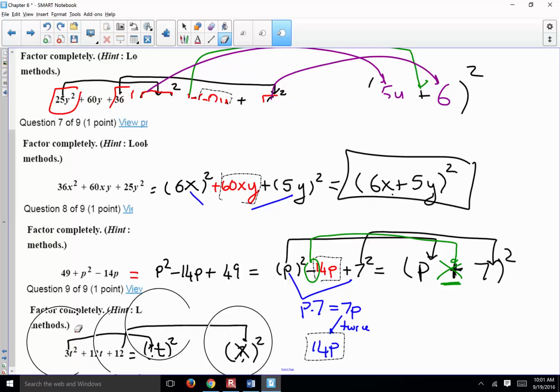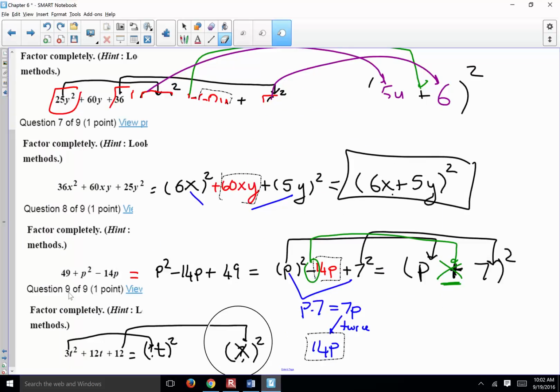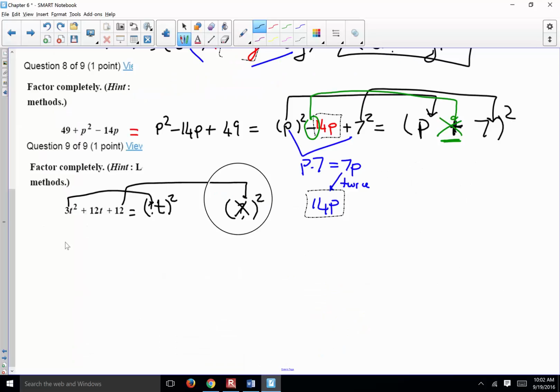Alright. The computer is having a hard time processing my erasing, but what is common between 3t squared, 12t, and 12? 3. So you need to take that 3 out first. So I take 3 out.